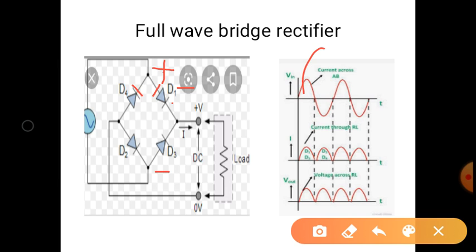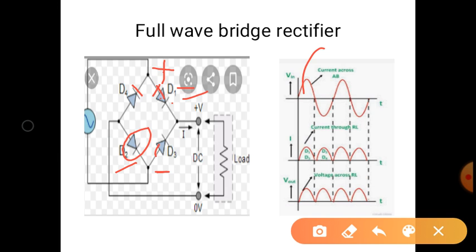So diode 1 will be like a closed circuit. Similarly, the cathode terminal of D2 is connected to the negative and the anode terminal of D3 is connected to the negative. So D2 will be in forward bias condition. So under the positive half cycle, D1 and D2 will be in forward bias condition. Remaining diodes will be in reverse bias condition.